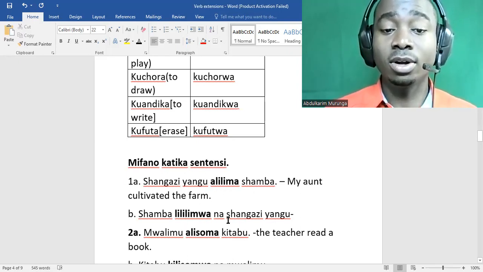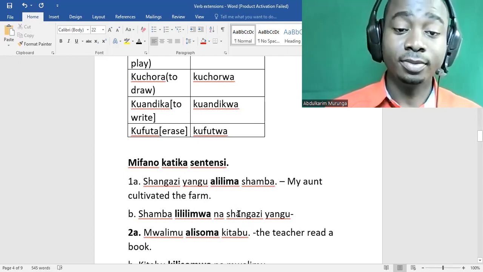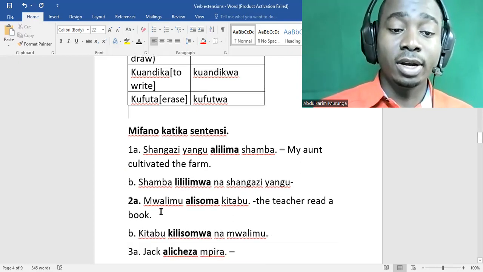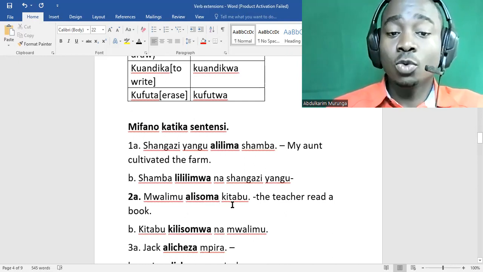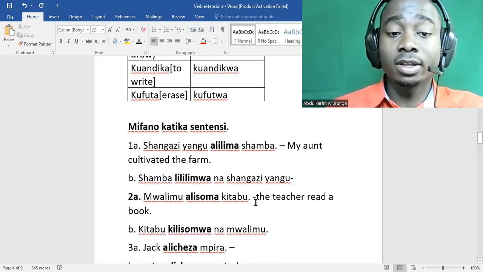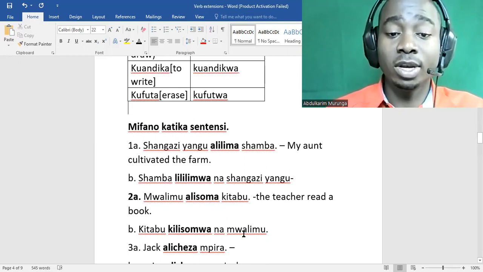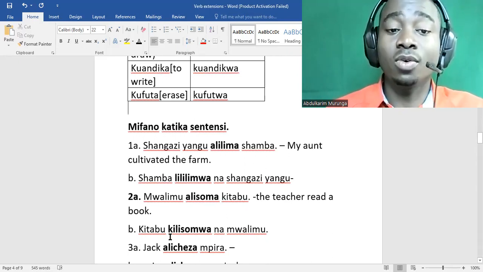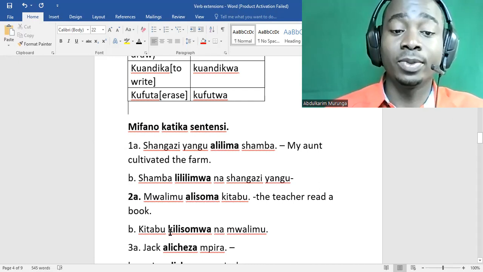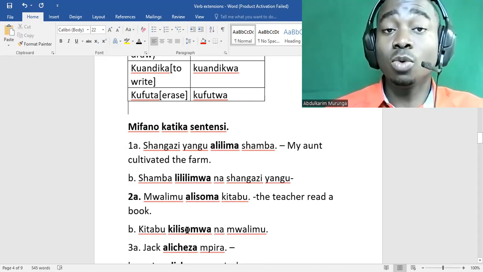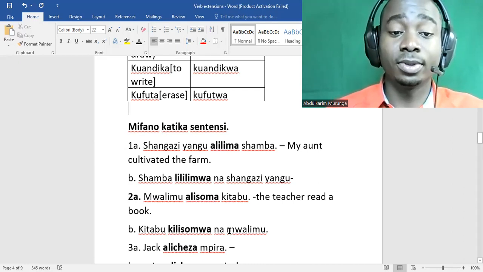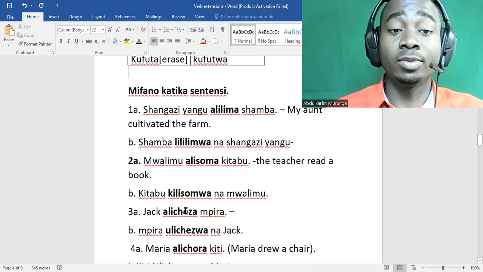Shamba lililimwa na shangazi yangu. Again, mwalimu alisoma kitabu. The teacher read a book. Kitabu kilisomwa na mwalimu. So we start with kitabu on the passive verb.